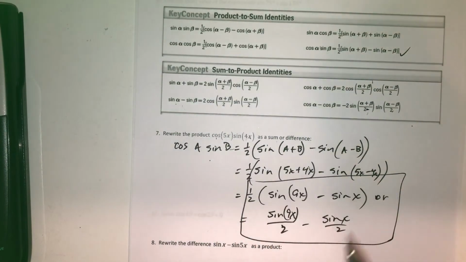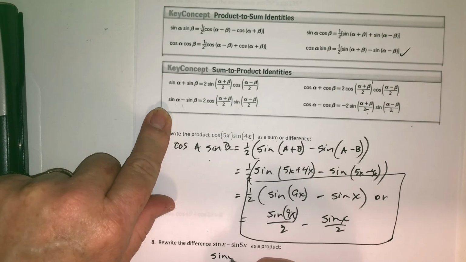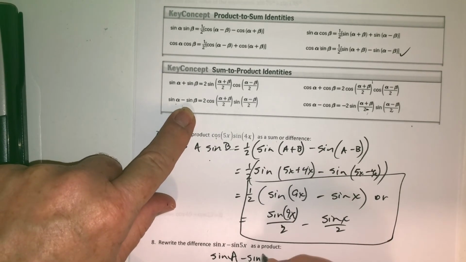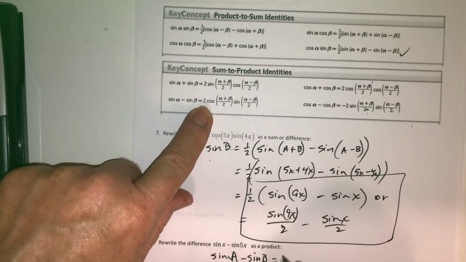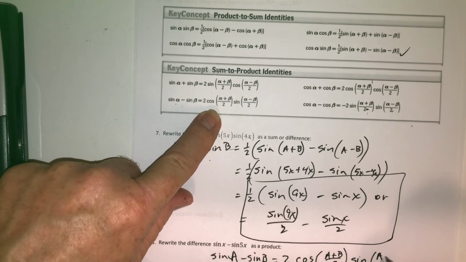This is the identity that we want to use, this one right here. That says the sine of alpha minus the sine of beta, where alpha is x and beta is 5x, is equal to 2 times the cosine of alpha plus beta divided by 2 times the sine of alpha minus beta divided by 2.